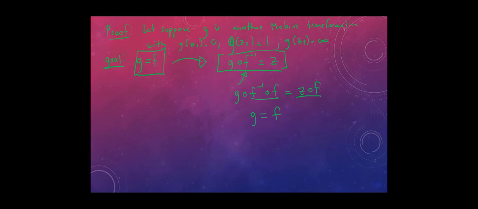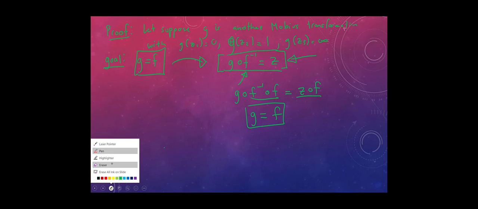That's just going to be F again, and boom, you do get G is equal to F. So this is what we're going to aim to prove, that G composed with F inverse is actually equal to Z.